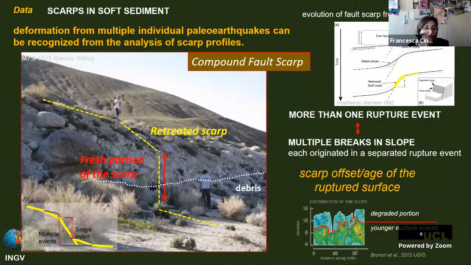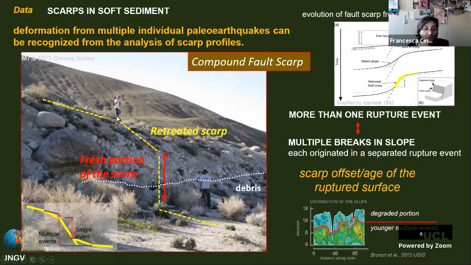So deformation from multiple individual paleoearthquakes can be recognized also from the analysis of scarp profiles. Again, very briefly, I'm talking about scarps in soft sediment. And this is a compound fault scarp, that is a fault scarp produced by more than one rupture event and characterized by multiple breaks in slope, each originated in a separate rupture event.